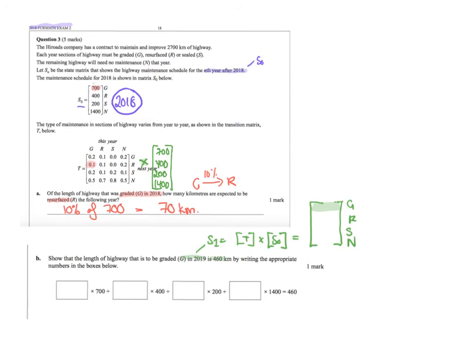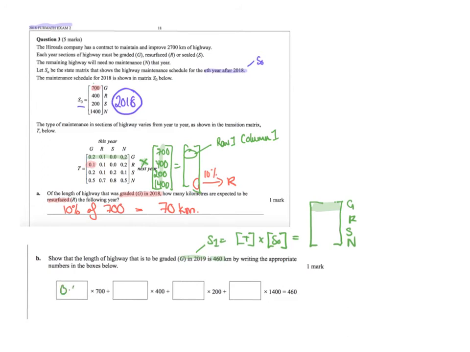Now, I want that top answer here. So that top answer is row 1, column 1. So remember, when we're multiplying, that means we go across row 1 and down column 1. So what will the 700 be times by?